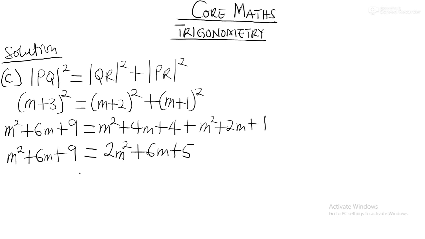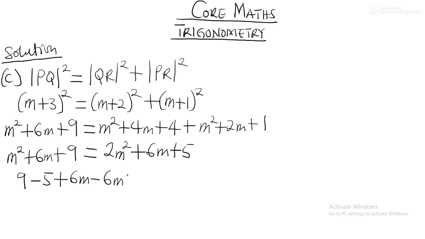Good. So now we have to group like terms. Okay. So we'll send the m squared to this side. We'll send the 6m to this side. And then we'll send the 5 to this side. So we are going to have 9 minus 5 because the 5 is positive. Okay, then plus 6m minus 6m.